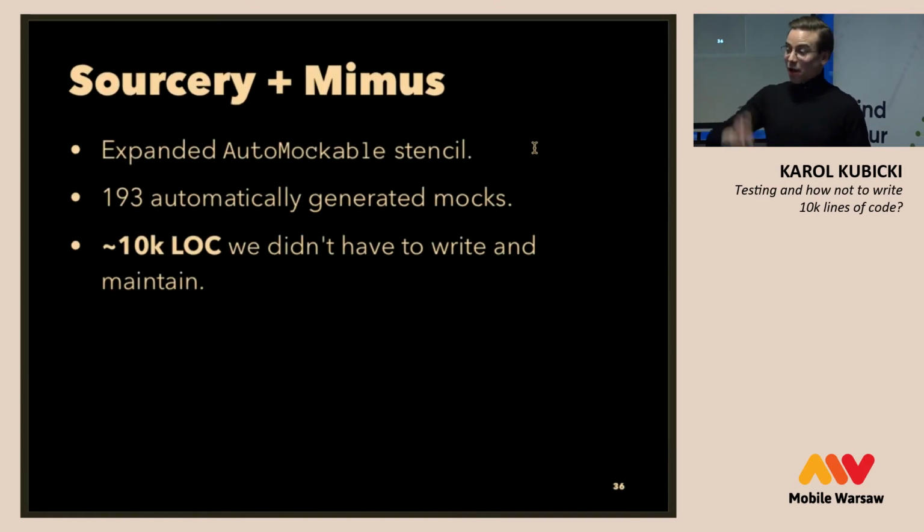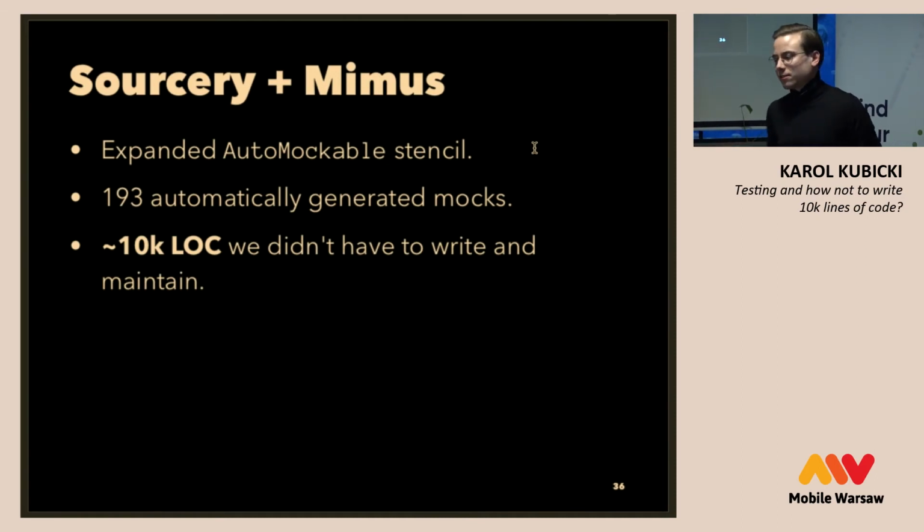So yeah, how did we achieve that? There is already an existing Mockable protocol. I'm not sure if that's in Sourcery or some separate gist. But we took that and expanded it to make it more suitable for us.